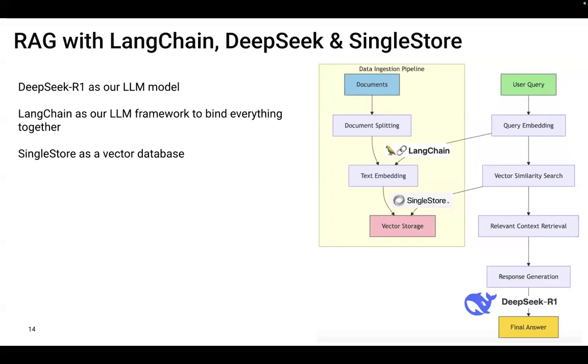When I ask a query, the query also gets converted into a vector embedding, and it goes through the vector store, SingleStore, to find relevant chunks using similarity search. At the end, it goes through our DeepSeek R1 model to finally respond to the query that we asked. So DeepSeek R1 is our LLM here, LangChain is our LLM framework to bind everything together, and we are using SingleStore as a vector database.